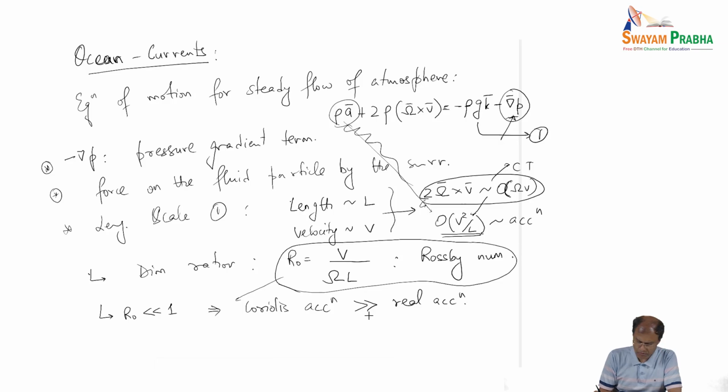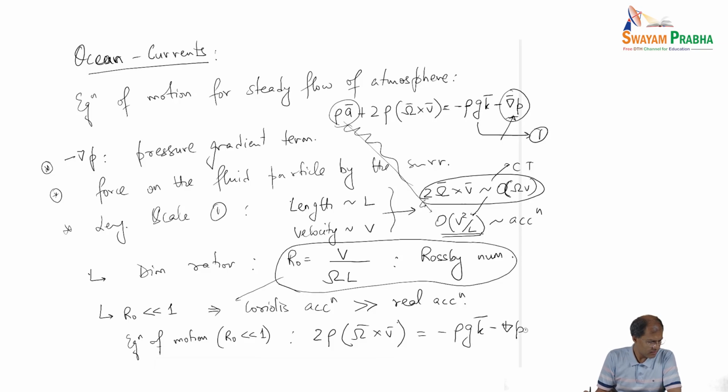And the equation of motion, in the case where the Rossby number is small, will reduce to the following: 2 rho omega cross v, that's the Coriolis term, is equal to minus rho gk, that's the weight, and minus grad p.